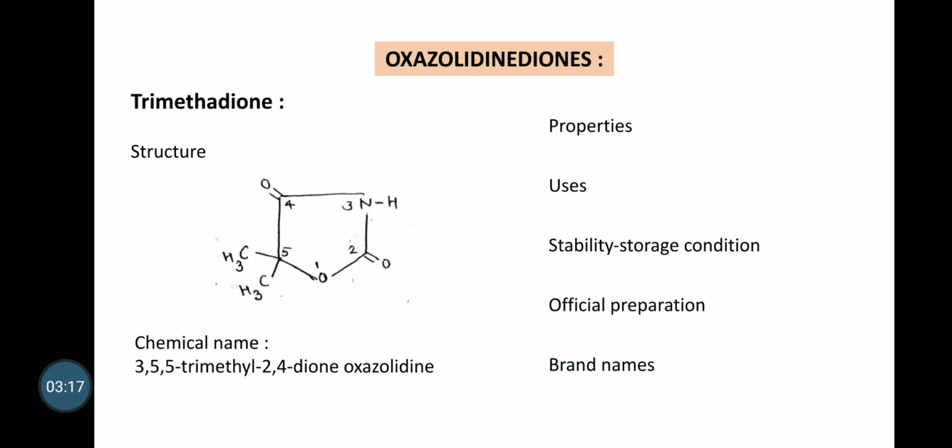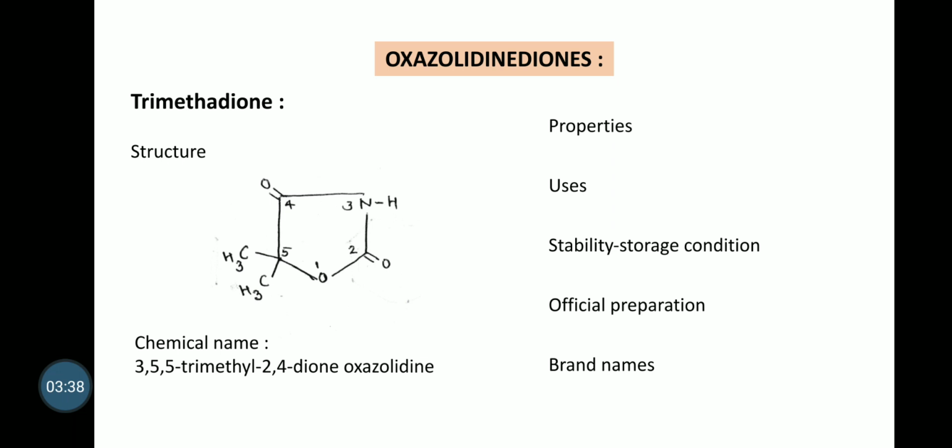See the structure properly. The basic ring is oxazolidine. Give the numbering to the structure of oxazolidine. Start the numbering with oxygen as 1, then 2, 3, 4 and 5. Now at the second and fourth positions, two oxo groups are present. The substituent groups at the fifth position are two methyl groups.